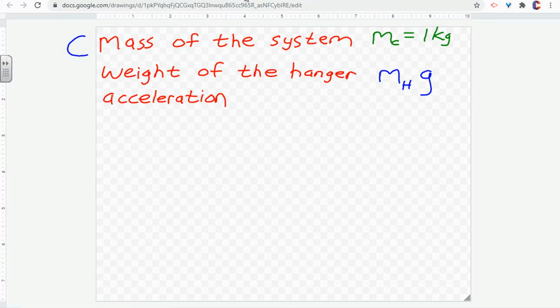So the overall mass of the system, which includes the mass of the heaviest hanger, 0.05 kilograms, means my system mass is going to be 1.05 kilograms, and that is going to be my controlled value throughout the experiment. Then we're going to calculate the acceleration using the kinematic equation that we derived for acceleration earlier.